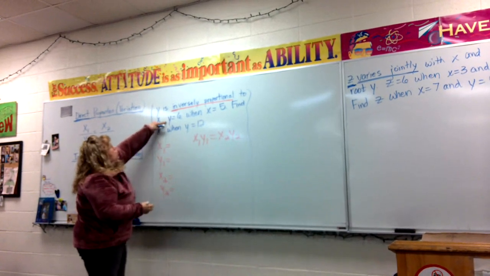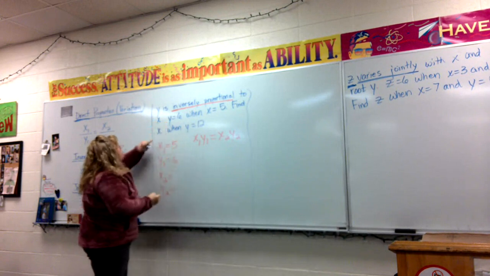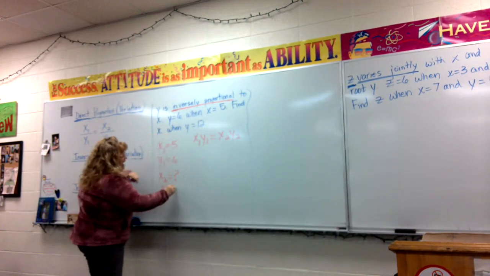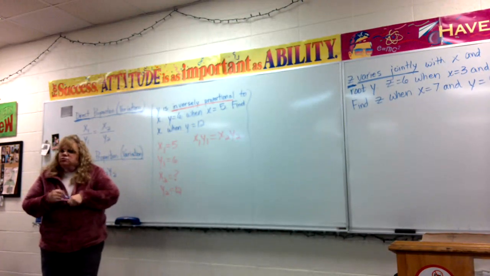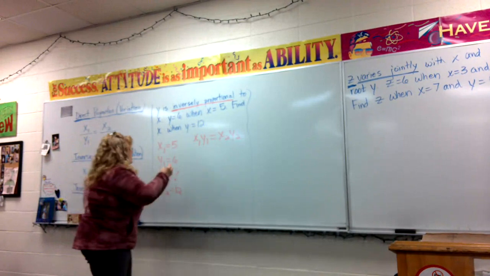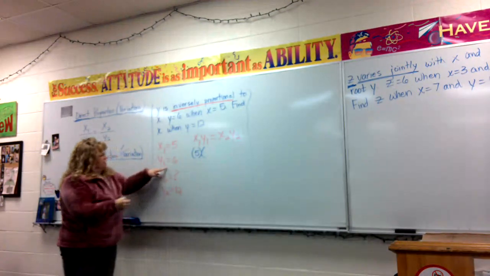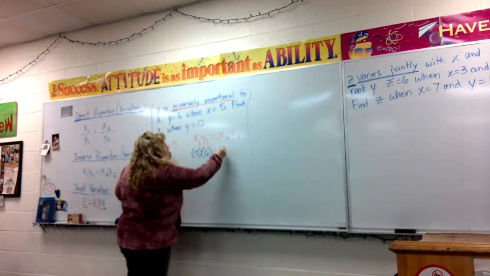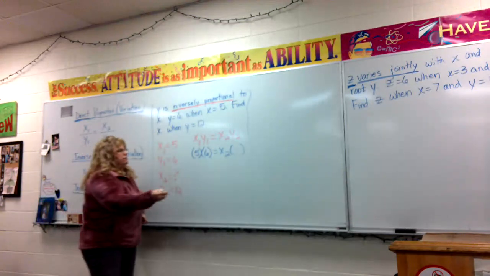So it says y is 6 when x is 5. Find x. I don't know what x is. Find x when y is 12. So all we're going to have to do is plug those values in. x1 is 5, y1 is 6, I don't know x2, and y2 is 12.